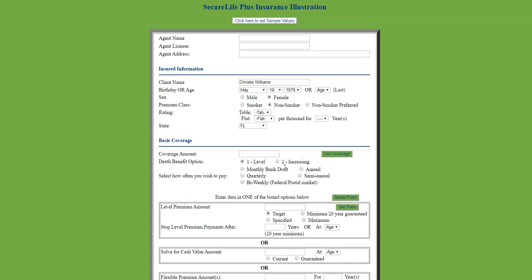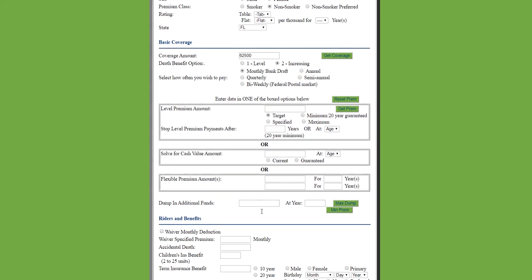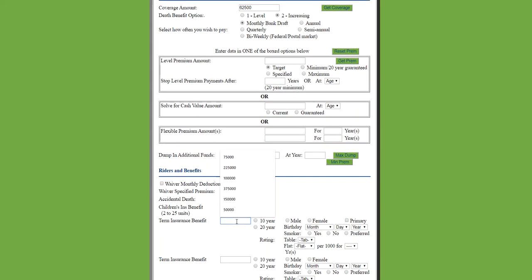Now we're going to illustrate this over here, because the customer is still young and has over 20 years to cover the policy. So here's what's interesting. We're going to put $62,500 right here on a monthly draft, and we're going to come down towards the term rider and put 187,500 for 20 years on the primary covered person.